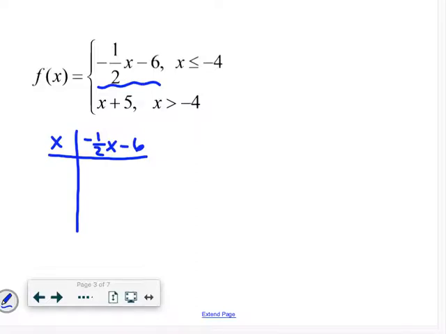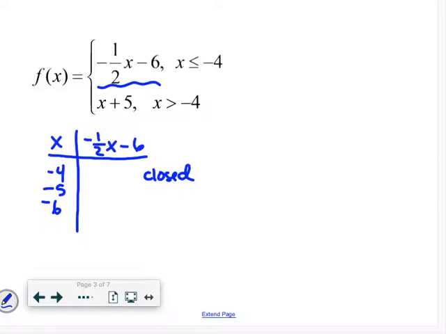-4. Is -3 less than -4? That's greater, so we gotta go to -5, right? So we gotta do -4, -5, -6, things that are less than, to the left of. And remember, at -4, it's going to be a closed circle because it has the or equals to. Okay?